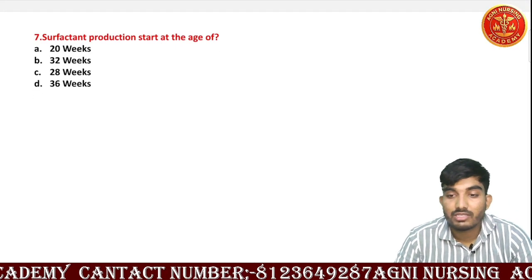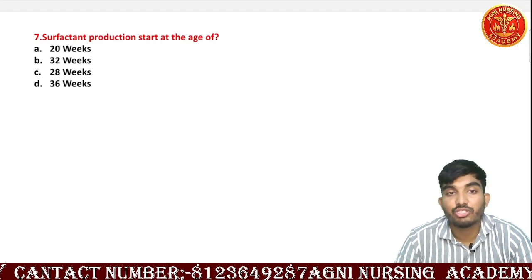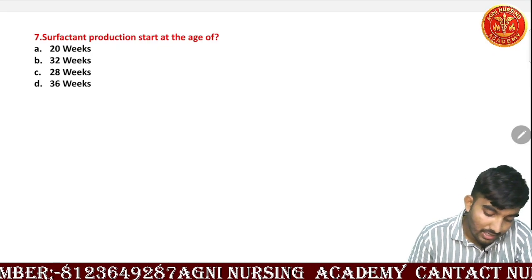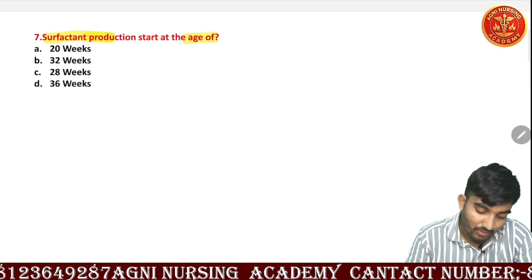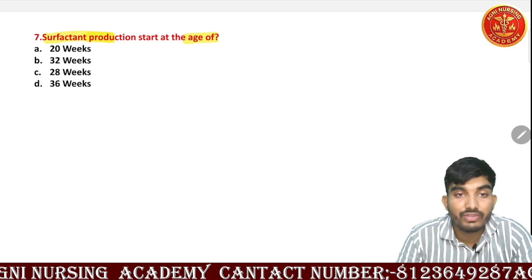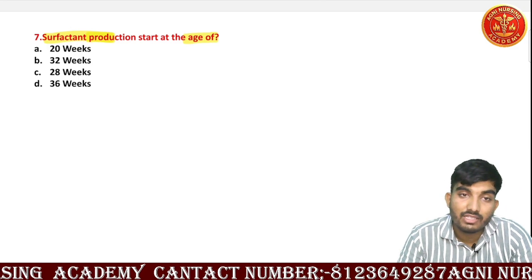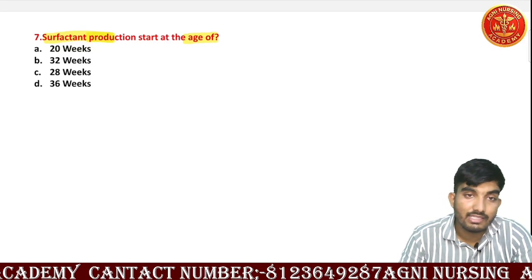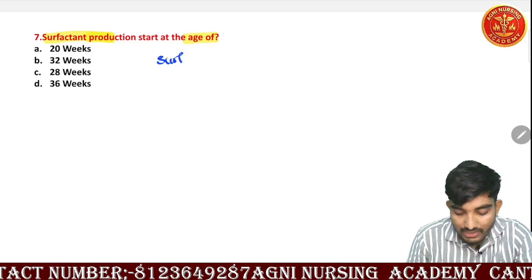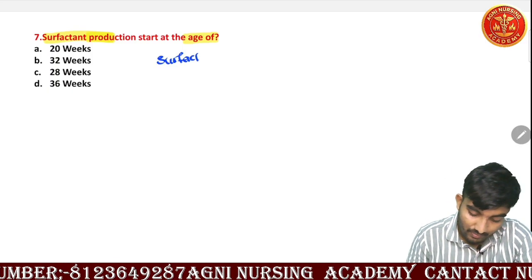The question asks at which age surfactant production starts. Option A 20 weeks, option B 32 weeks, option C 28 weeks, and option D 36 weeks. What is meant by surfactant? Surfactant is a chemical substance.